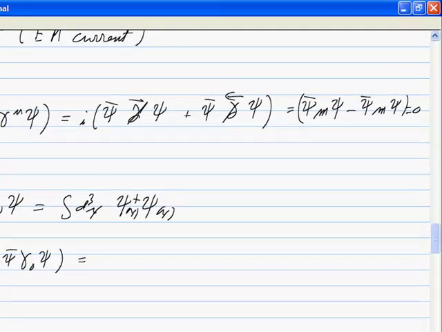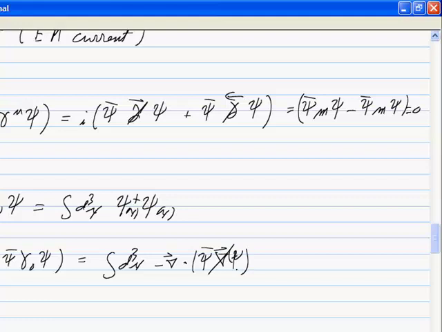But from the equation up above, it turns into the integral d3x of minus the derivative of psi bar del slash psi, so just the spatial pieces. And this is a total derivative. So this integrates out to 0 if there's no surface term at infinity, etc. So this is the usual proof that this charge is conserved.